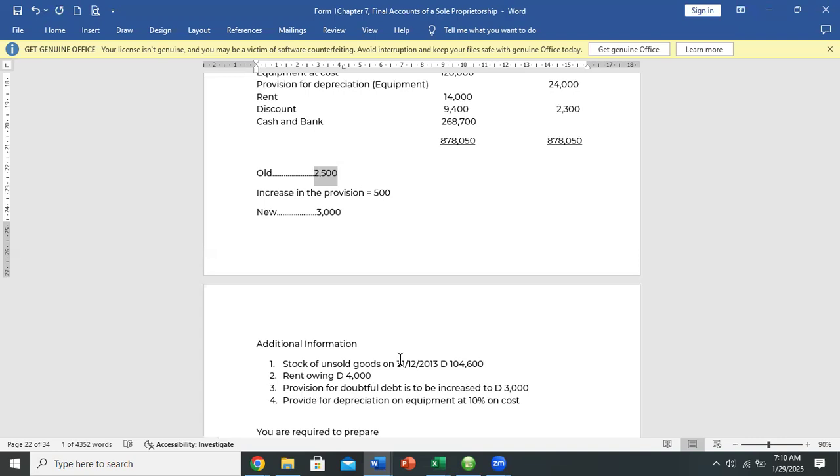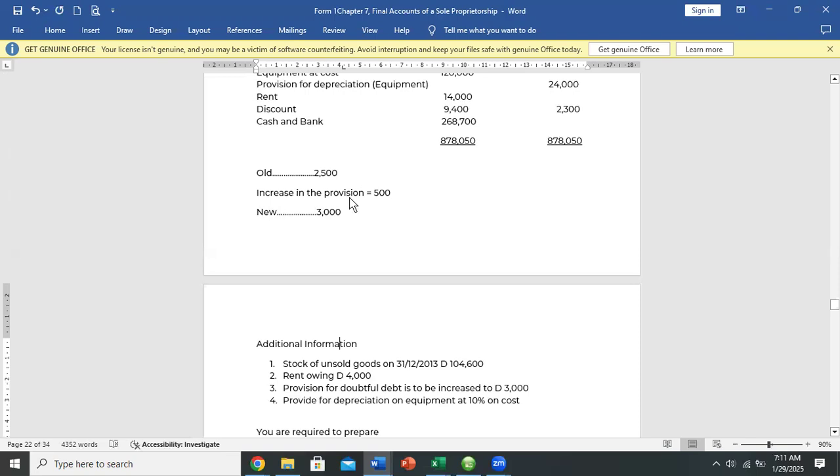Okay, so in your profit and loss account, you are only interested in the increment, right? So since it's an increase, it will go to your profit and loss account as an expense. Now, it is when you go to the balance sheet that this new provision is deducted from debtors, as we saw last time. But for now, our focus is on the profit and loss account. So you pick the increment or increase.